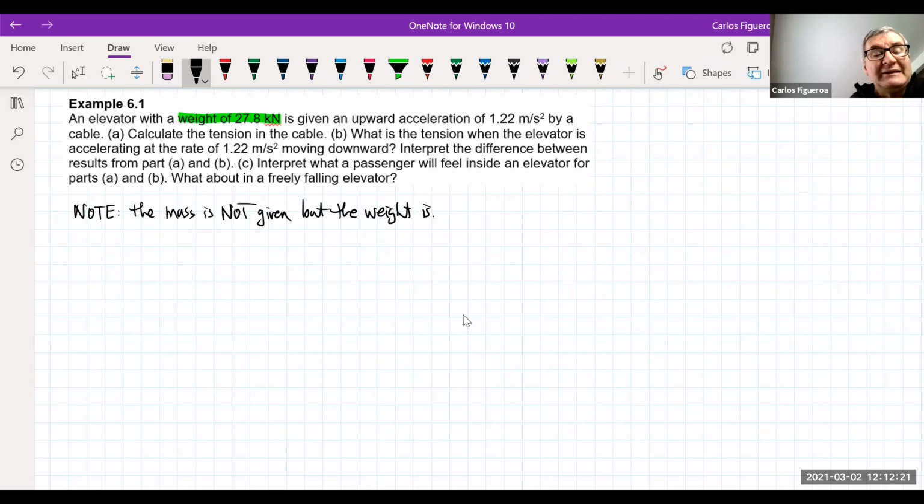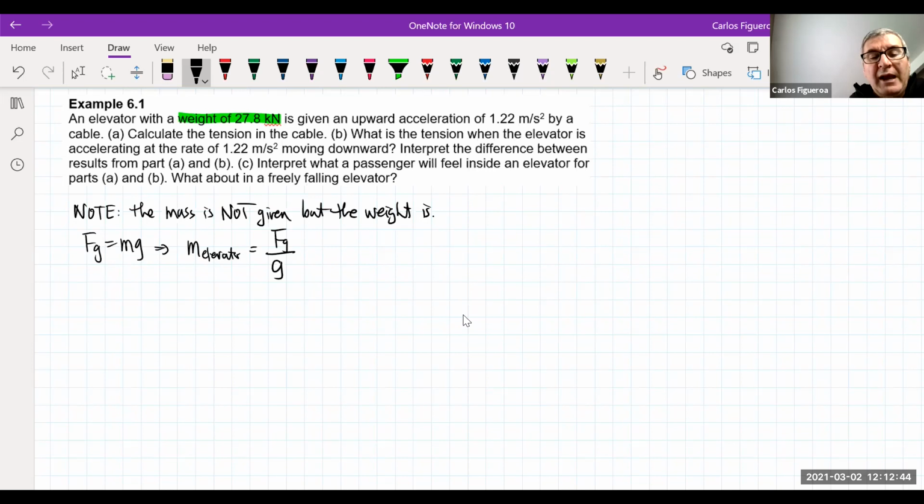We use mass. So we can actually calculate that, because the force of gravity, which is mg, tells us that we can get the mass of the elevator by taking its weight divided by the acceleration due to gravity.